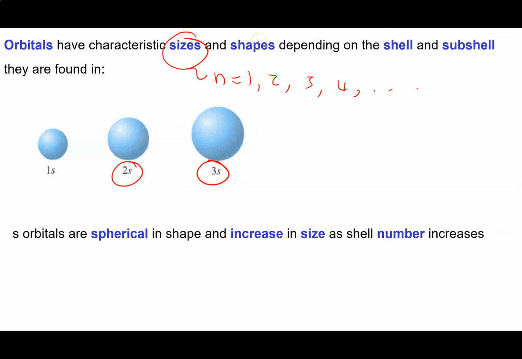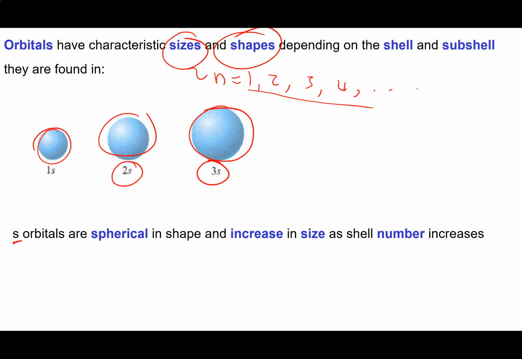The shape of the orbital depends on the type of subshell, whether it's an S, a P, a D, or an F. So S orbitals that make up S subshells have this characteristic spherical shape. So electrons that are in these kinds of orbitals are found somewhere on the surface of a sphere. And the size of that sphere is determined by how big the n value is.